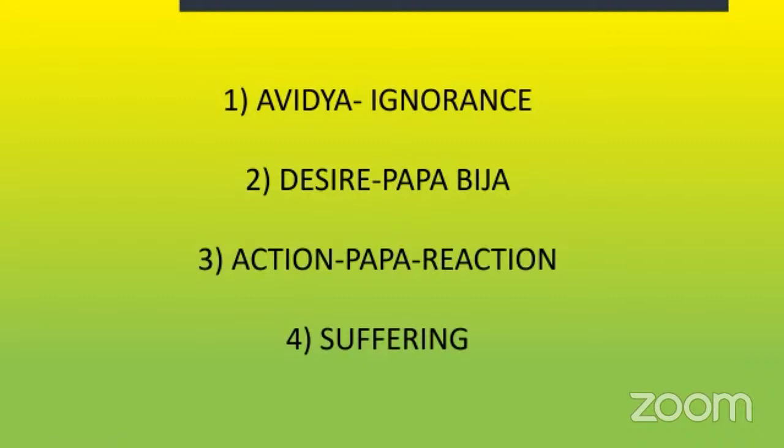So the only thing we have to change is our desire. That's all. So action, papa, reaction. Because of this desire, we enter into some action, and because of that action, we get some reaction, and that is called papa. So when that reaction comes, we actually suffer. So these are the 4 stages.